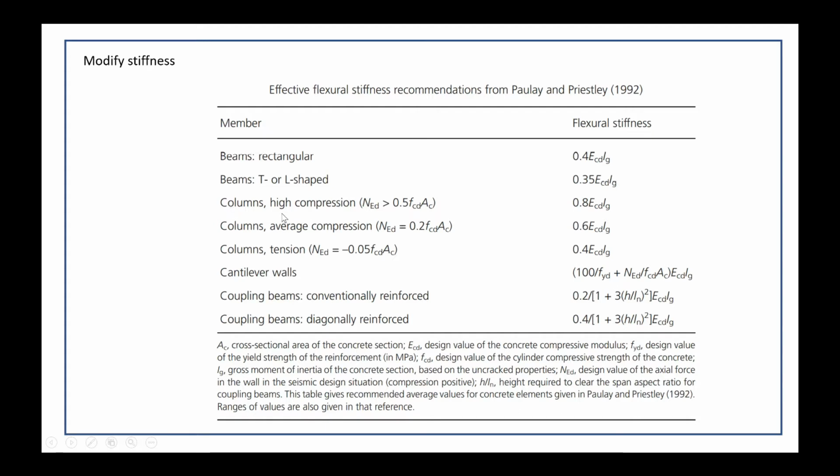For column in compression, in the case of high compression, NED, the ultimate load applied on the column, greater than 0.5 FCD multiplied with AC, we use 0.8 ECD.